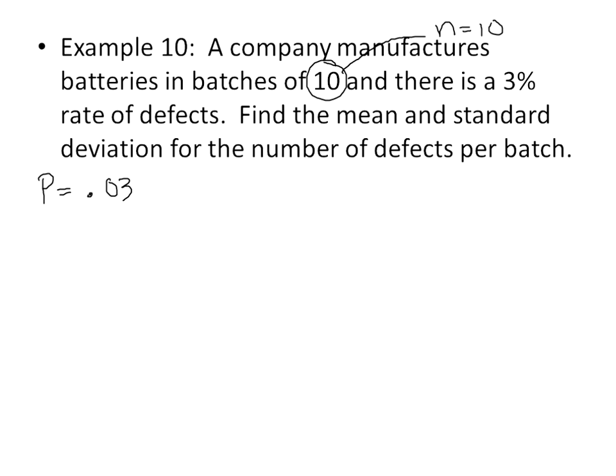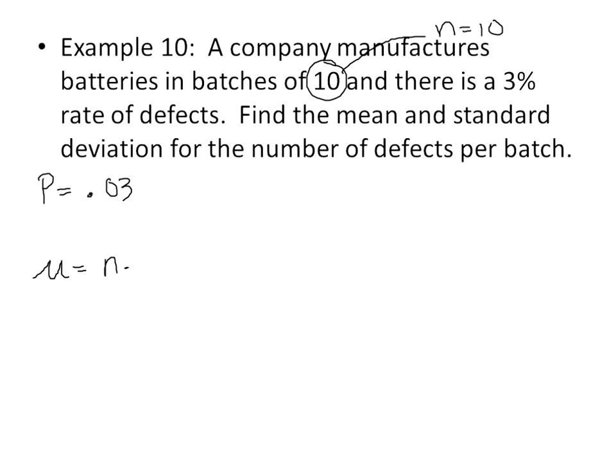A success here would be the probability that the battery is defective, the probability of getting a defective batch. All right, so p is 0.03, n is 10. And we have enough information to find the mean and the standard deviation.